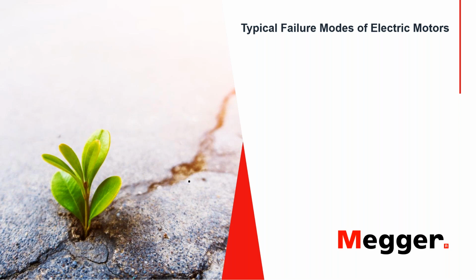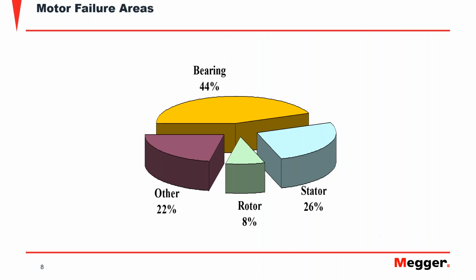Many research papers have been published, and white papers, and just different compilations of results in the industry, but they all come down to numbers similar to these. Depending on the type of motor that you have, about half of the failures on those motors come down to the bearings or the mechanical part of the motor.